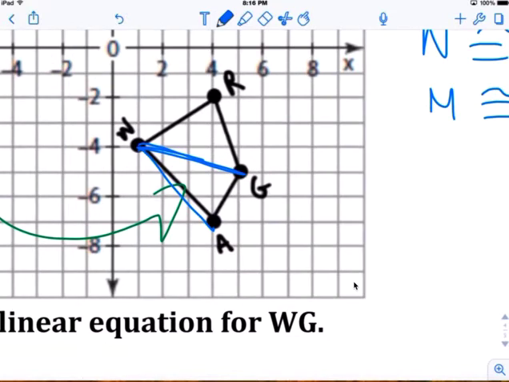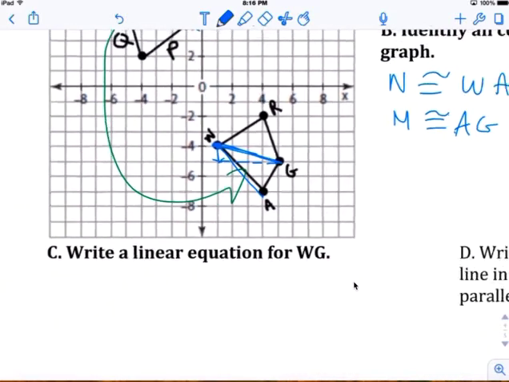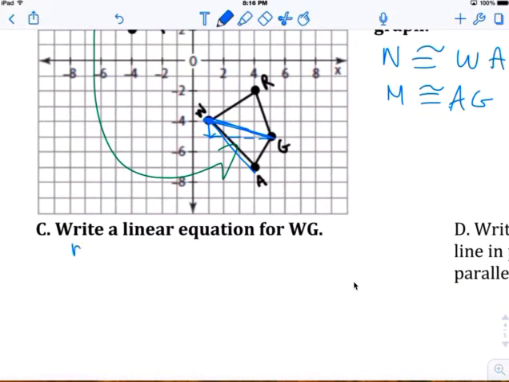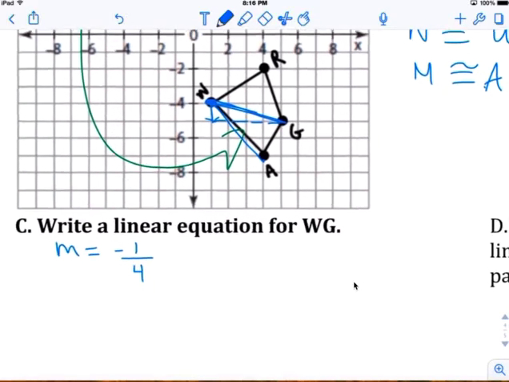Well, the good thing is the slope is right here. You go down 1, right 1, 2, 3, 4. Down 1, right 4. So my slope is down 1, right 4. No y-intercept.